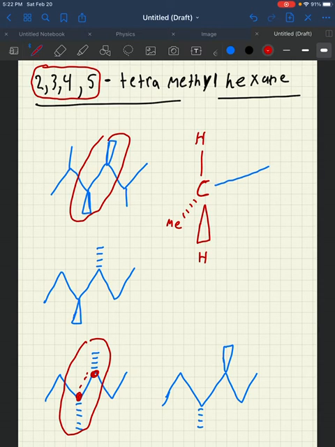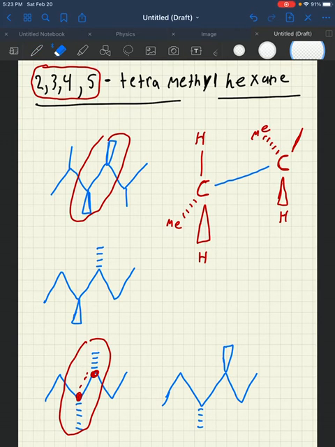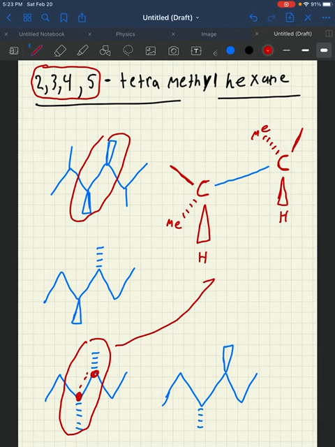And then over here, you have your carbon, and you have your methyl group out at you, and you have your hydrogen popping out at you, and then you have it bonded like that. Well, actually, this isn't a hydrogen. This would be just a bond right here. It wouldn't be a hydrogen. It'd just be bonded to another carbon.